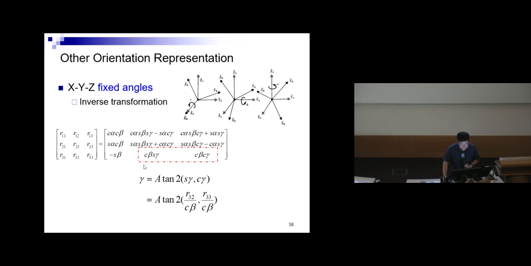Same thing, by observation you can know that sine gamma will be R32 divided by cosine beta, and cosine gamma will be R33 divided by cosine beta.